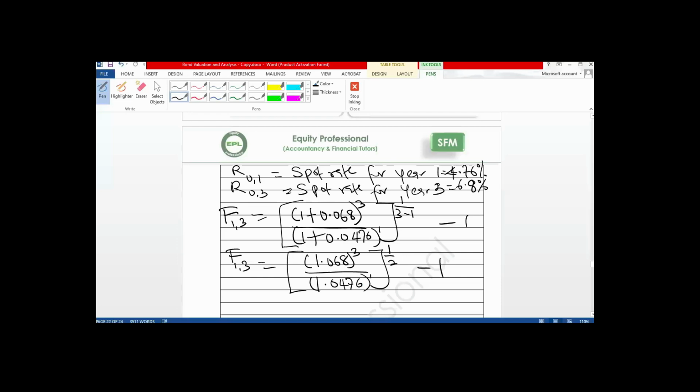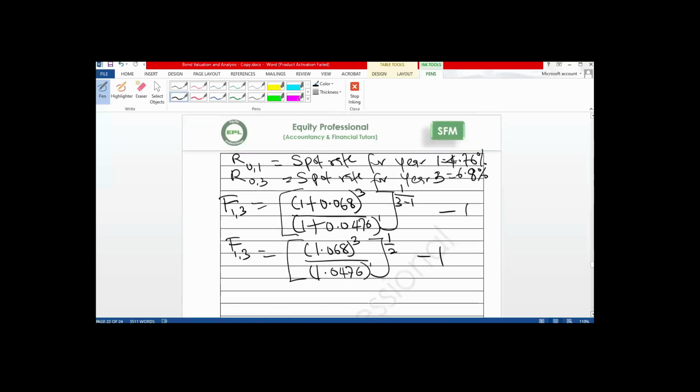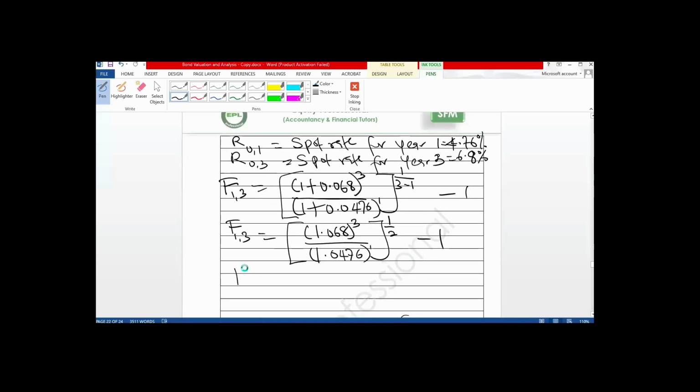Please work this out and give me the final answer. Your final answer will be like 0.078. That is up in percentage.